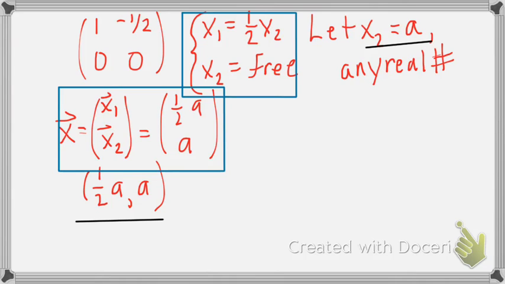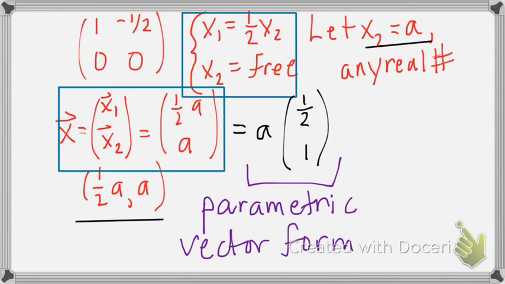Since a is any real number, we can take this constant out and we have a times the vector (1/2, 1). Writing our equations in this form, we call this parametric vector form.